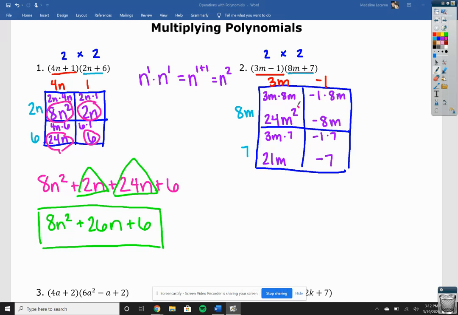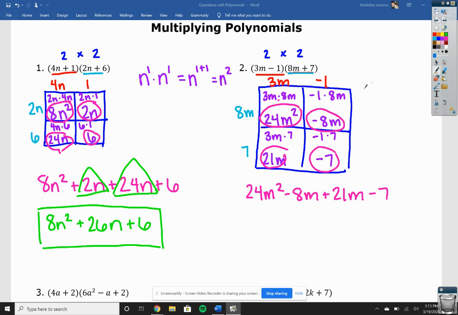And once again, we just take all of our terms that we came up with. You really don't have to write these right here. If it helps you, though, you can. So I'm circling the important ones. And we're going to have 24m squared minus 8m plus 21m minus 7.